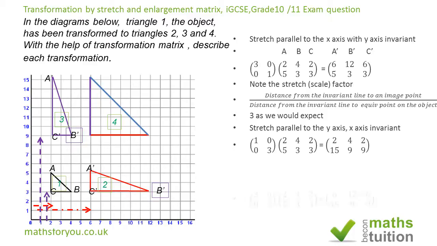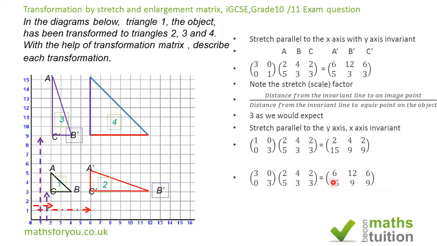But to confirm that using matrices, if this is a scale factor of 3 in the x direction, we replace our 1, 0 by 3 there. The same in the y direction, so we replace our 0, 1 with 3 there. Now notice that the x coordinates are the same as the x coordinates when object 1 was transformed to object 2 by stretch parallel to the x-axis.